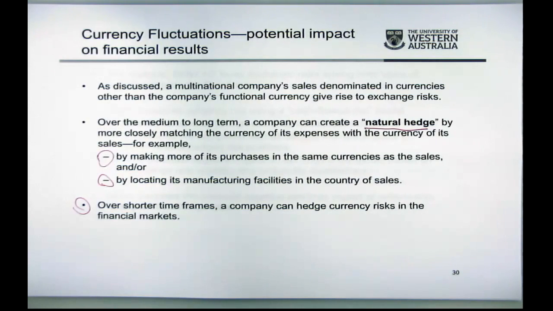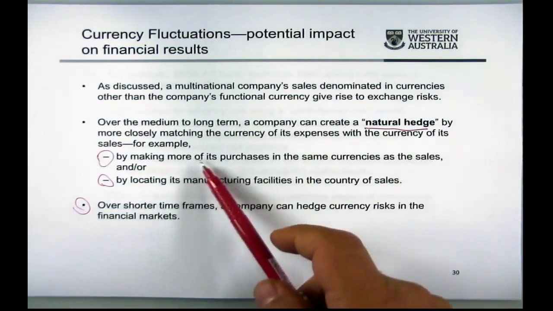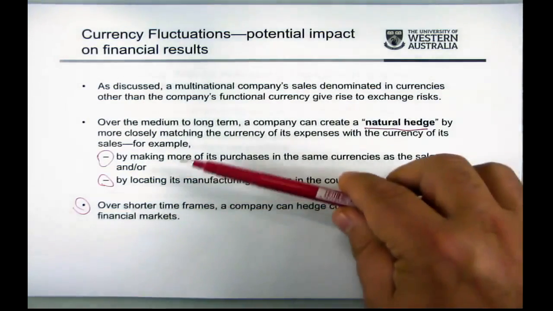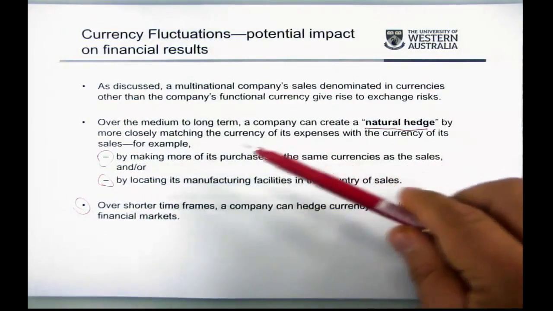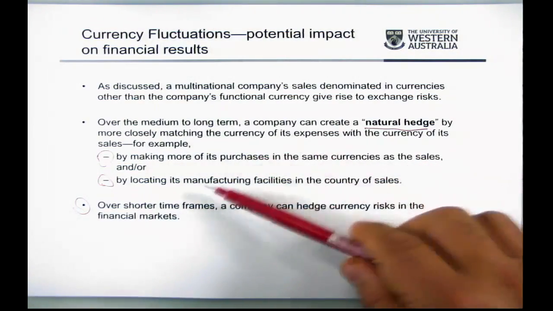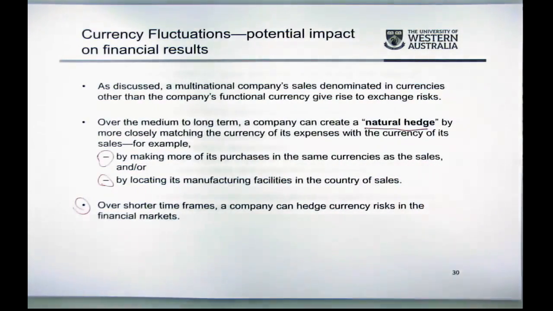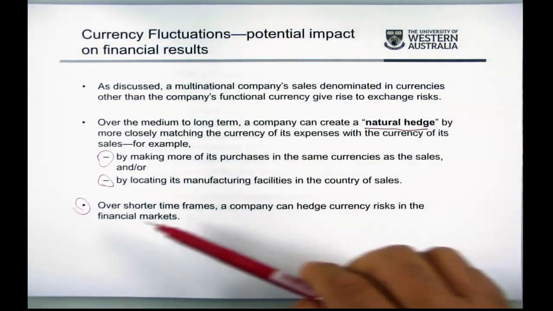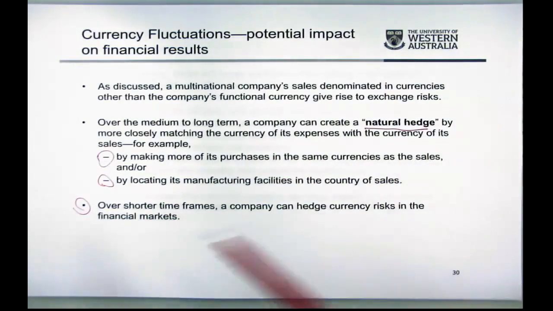In the short run, they always do that. And even in the long run, if the firm cannot relocate or make the purchases in a currency similar to the currency of the sale, then it has no option but to follow this one, and that is by using financial derivatives.